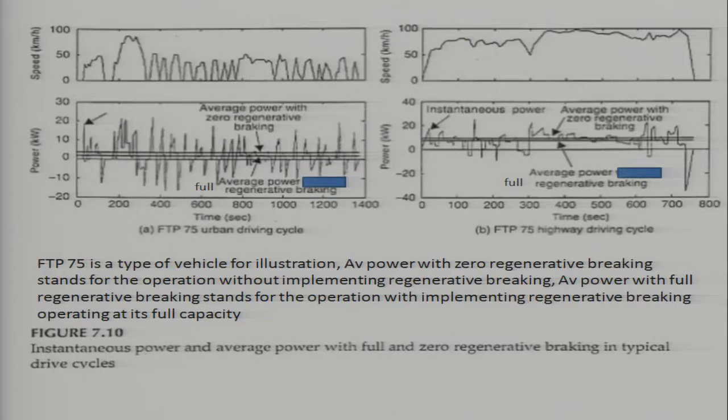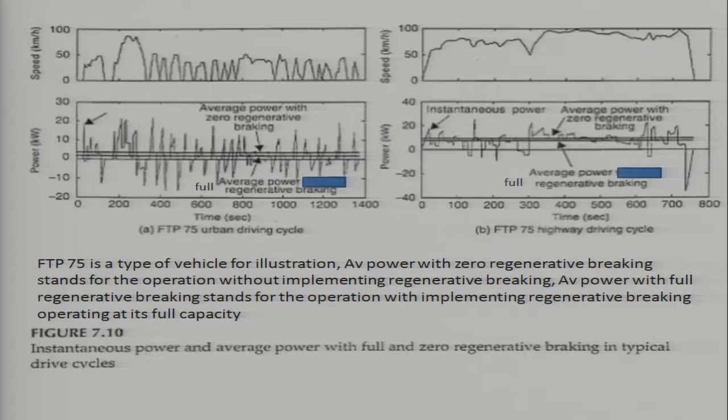If you are selecting an engine or the generator for a series hybrid drive with regenerative braking, the size of the engine or generator would be smaller with the regenerative braking component, and larger in its absence.